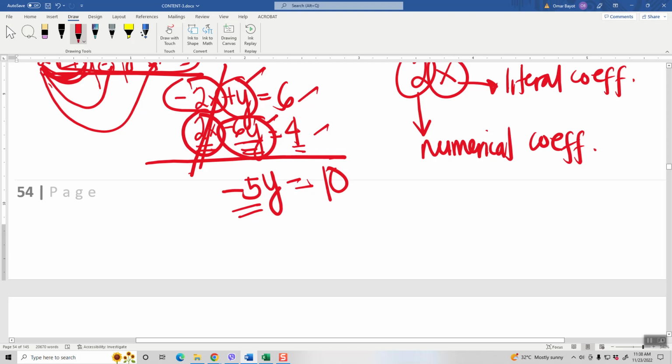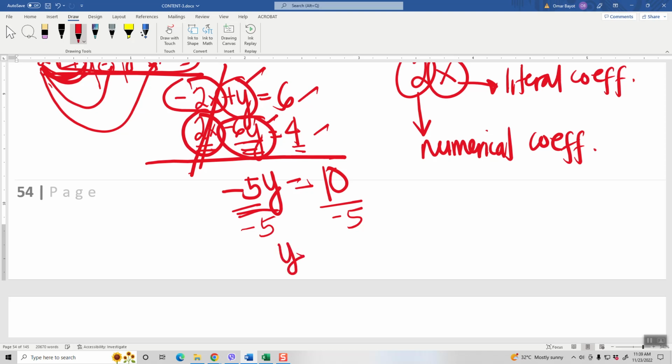Continuing, I want to solve for y. What will I do? In the left member of the equation, anong gagawin ko para makuha ko si y? Divide both side by 5, sir. Negative 5. Wag lang 5, kasi kung 5 lang, negative 5y divided by 5, mag-negative y ka pa dito. I want y here.